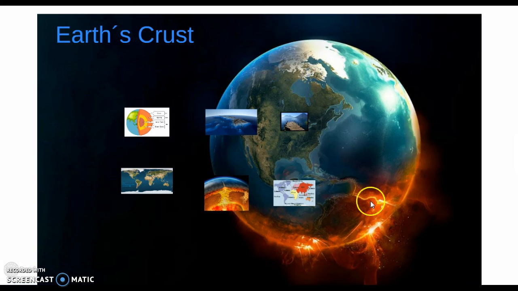According to this image, you can see the crust. Okay, and the crust is composed of water on one side, and on the other hand it is composed of land. You can think that there is also land under the water. So it's very important to take this fact into account.